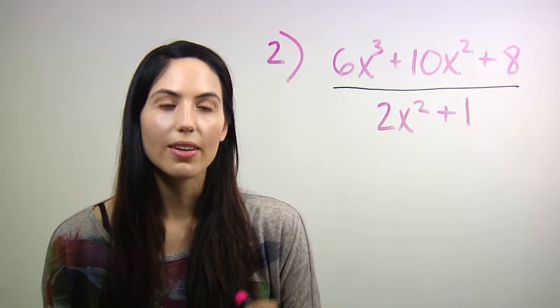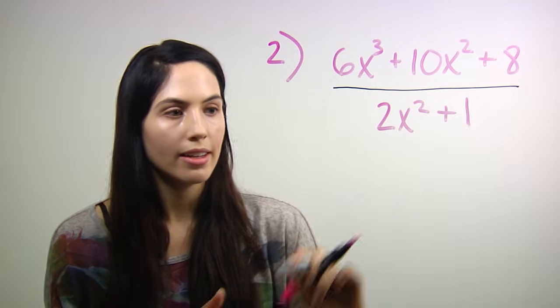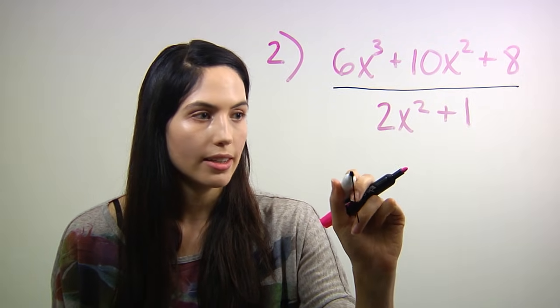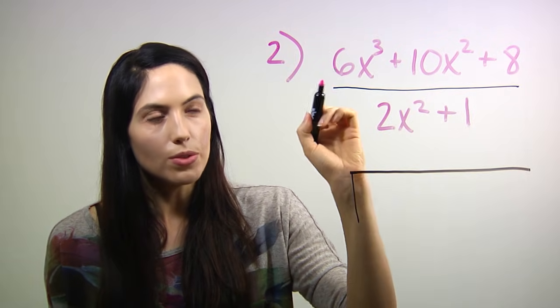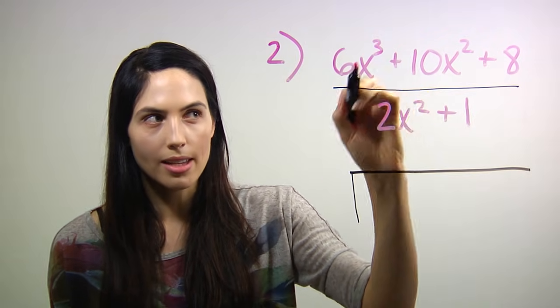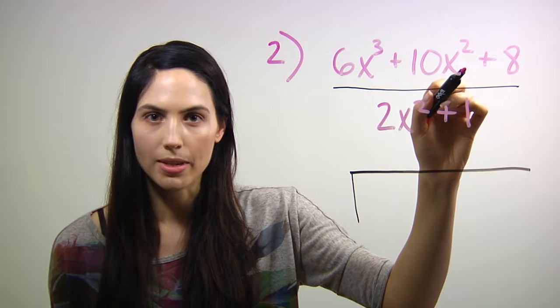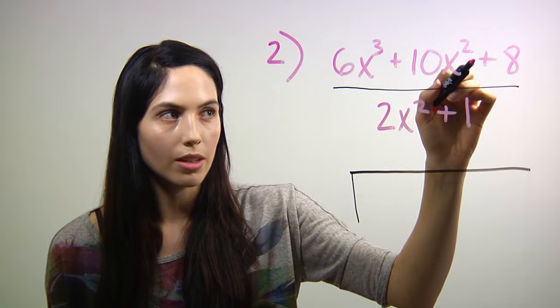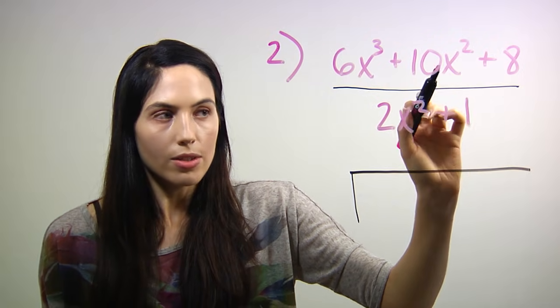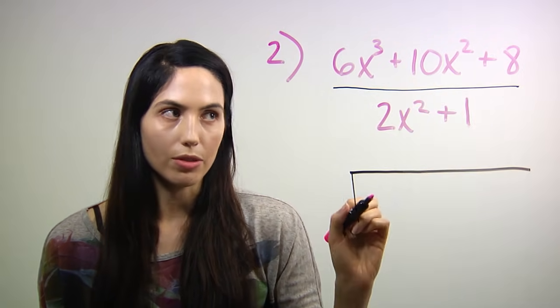Okay, so we're going to rewrite this again in the other division form. And notice that in this case, in that top polynomial, there is a term missing. There is no x term, no 1x. So we actually will need to leave a placeholder for it.